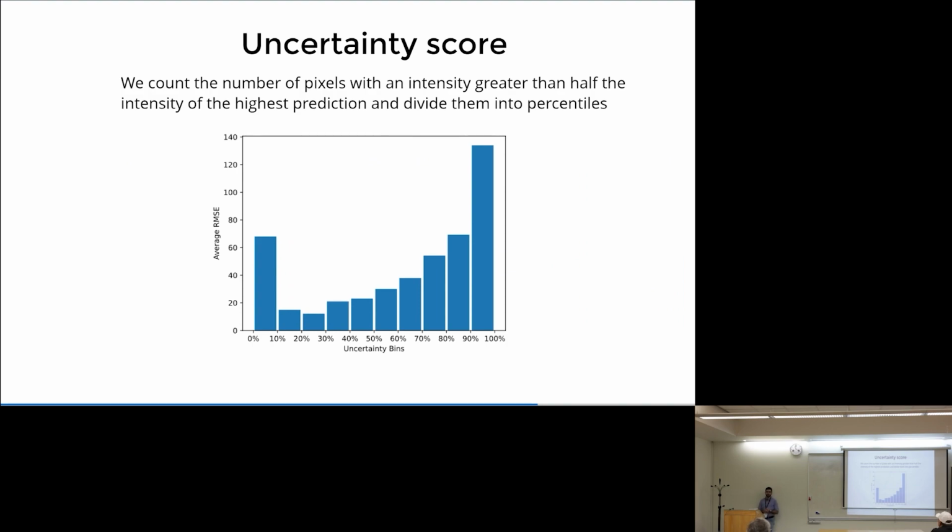We calculate it, we divide it into percentiles. We plot it on the x-axis, and on the y-axis we calculate the average RMSE for each bin. Now this is calculated for the NLOS case because it's our main point of interest.